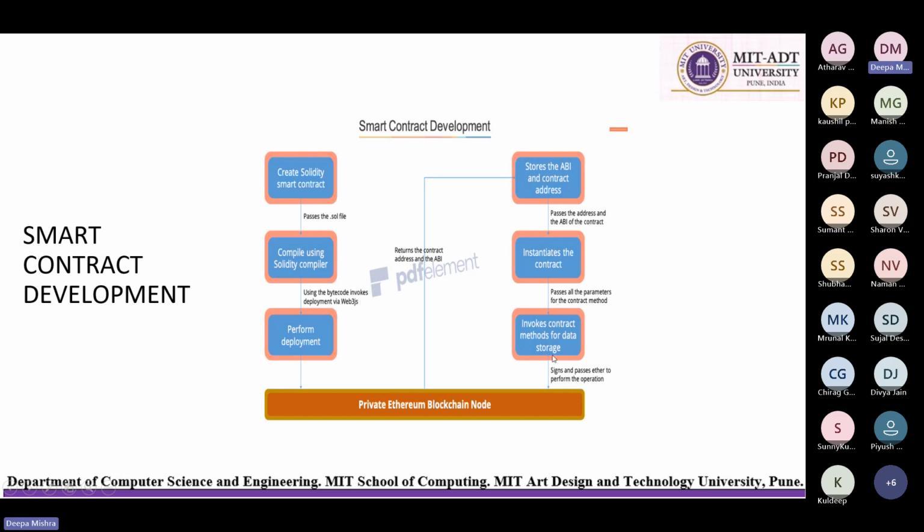Once you start interacting with the smart contracts, the interacted parameters or the changed function values would be updated, and those results would be stored again into the blockchain node.